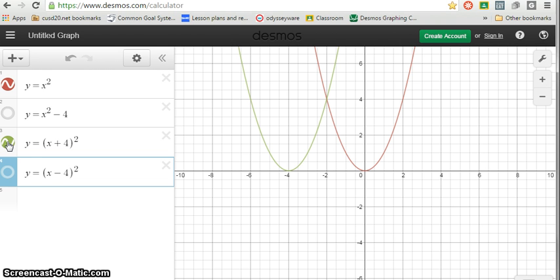So it was an x plus 4, and we moved x over negative 4 units. Then we had the parabola y equals x minus 4 squared. So what happened is, when we see the negative 4, it moved to the right 4, the opposite of what that sign is. So it moved a positive 4 to the right.